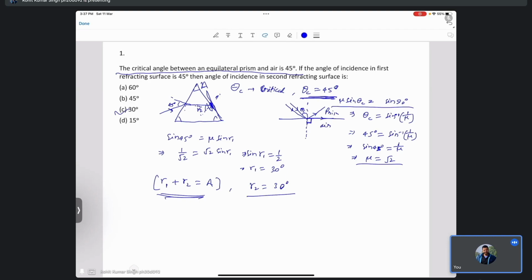If it had been written like between air and prism, then the derivation that I did earlier was true. But since it's written between an equilateral prism and air, we have to assume that the angle of incidence is on the prism side. Okay, so that's why we have to use this.